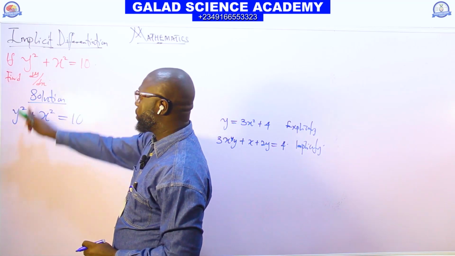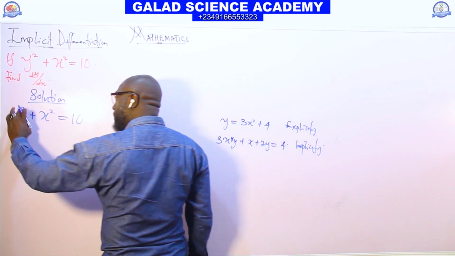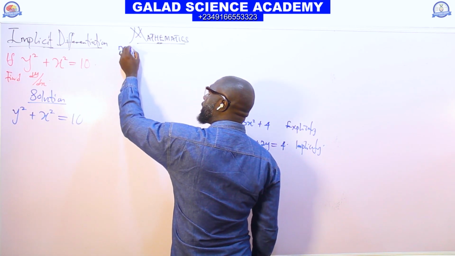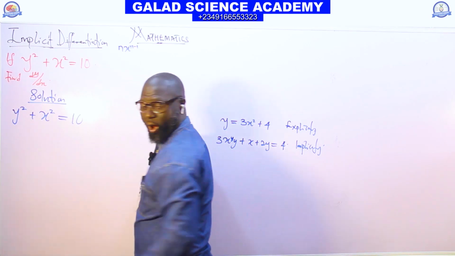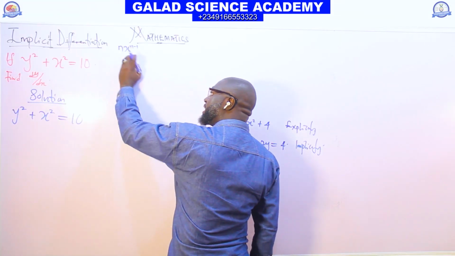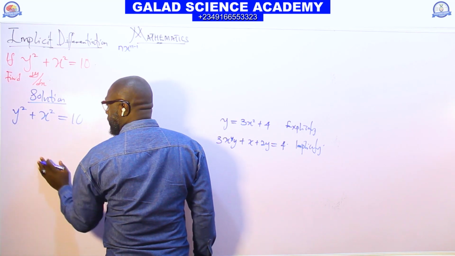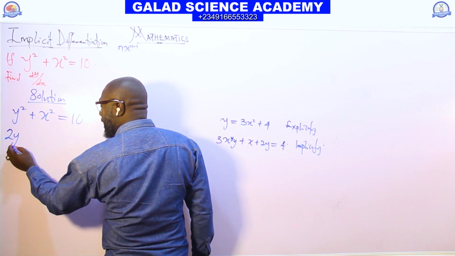This is implicit. So by applying the same general method for differentiation, which is n goes to n minus 1 power, differentiate this y first. The derivative of y squared will give us 2y.